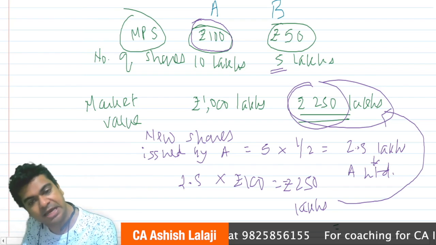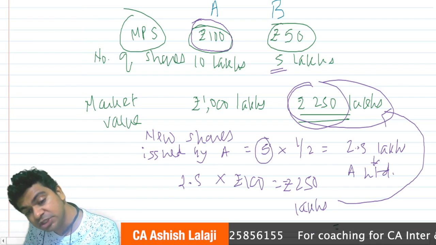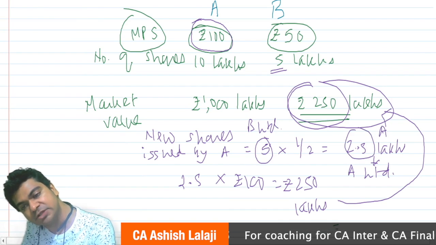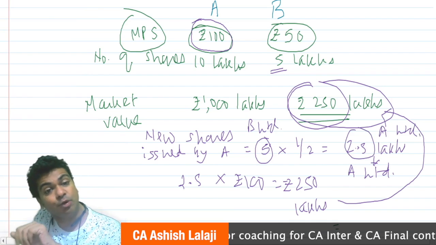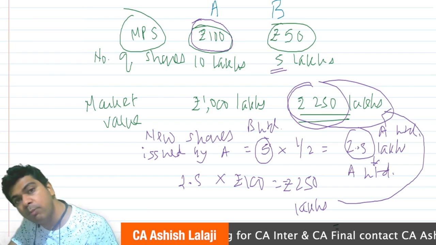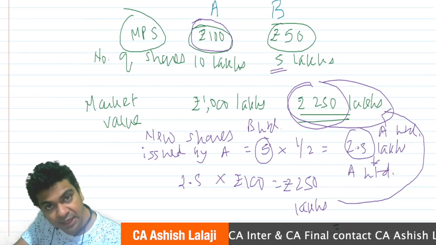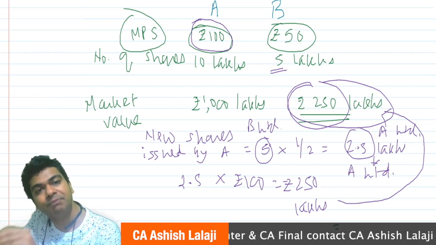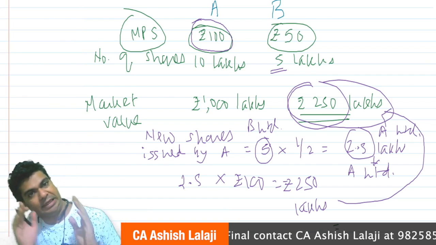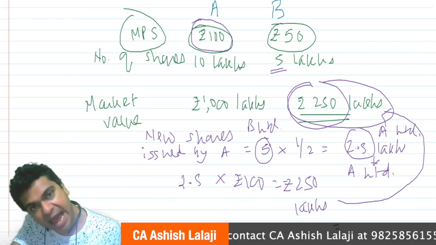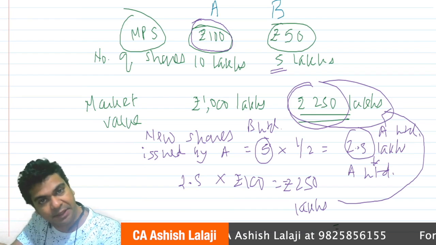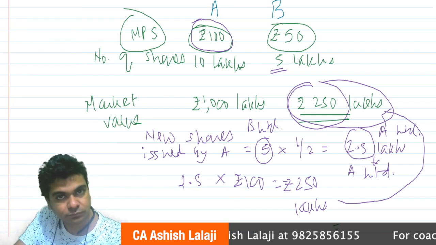This 5 lakhs is shares of B Limited, while this 2.5 lakhs is shares of A Limited. Value of one share of A is 100. So the moment I am giving you 2.5 lakh shares of my company, am I not giving you something worth 250 lakhs? So either I pay you 250 lakhs in cash or I give you shares worth 250 lakhs. Ultimately, it is one and the same.